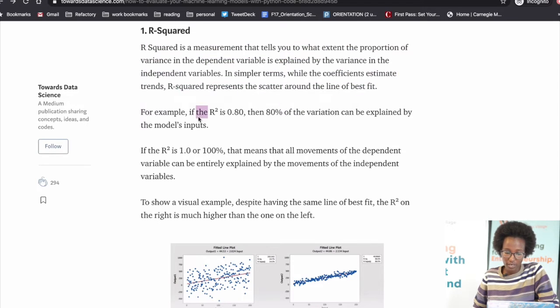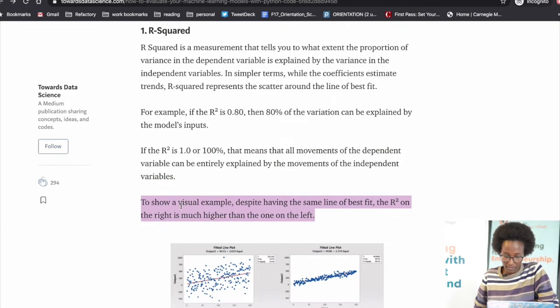So for example, if the R squared is 0.8, then 80% of the variation can be explained by the model inputs. So that's how you interpret the R squared. If the R squared is 1.0, that means 100%. That means that all the movements of the dependent variable are entirely explained by the movements of the independent variable.